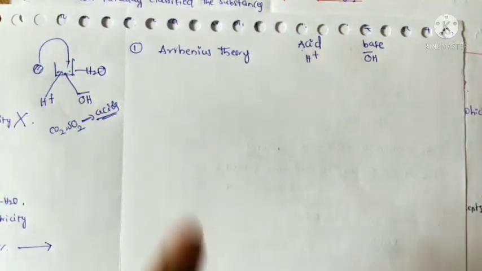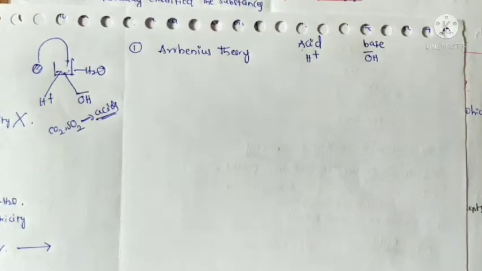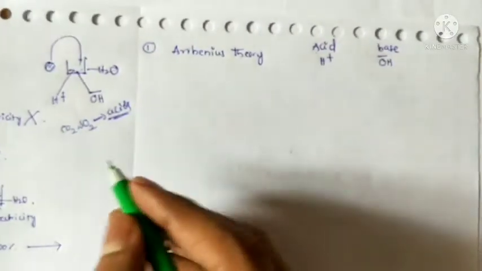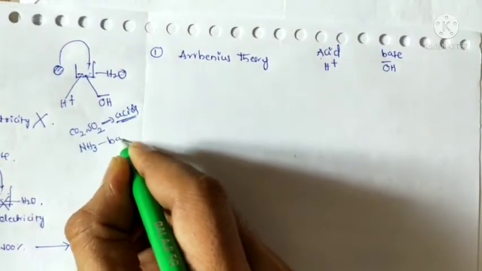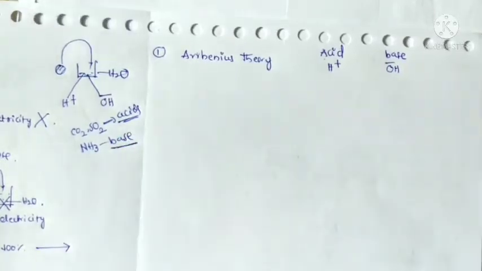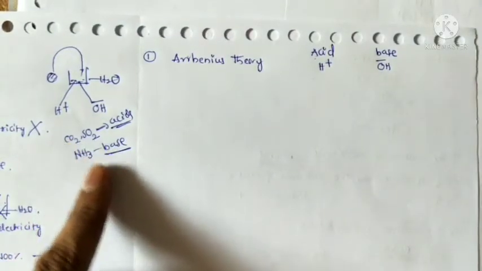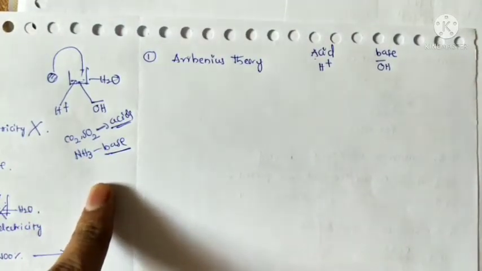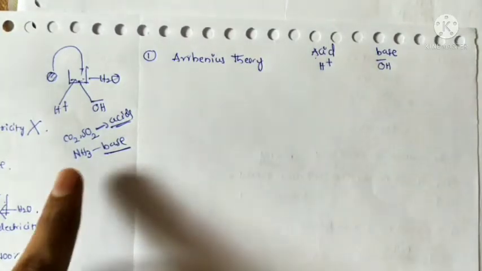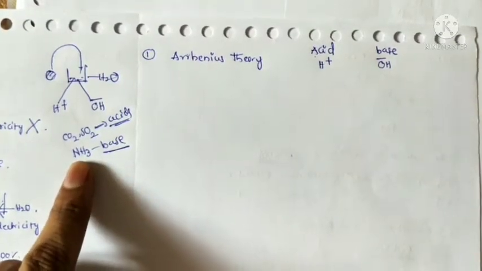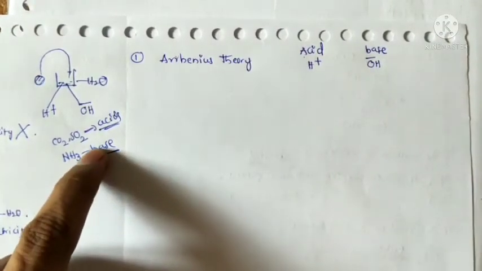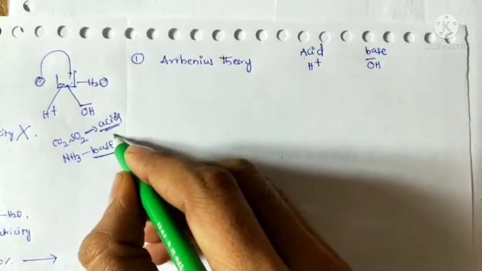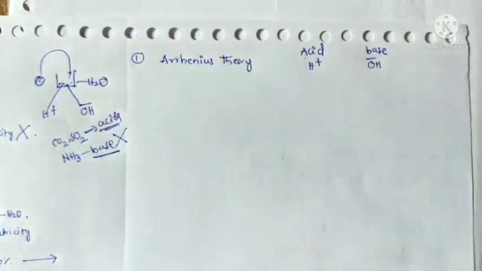That is a demerit of the Arrhenius theory. Next, ammonia can act as a base, but when dissolved in water it does not produce any OH minus ions, yet it acts as a base. So these are the demerits of the Arrhenius concept.